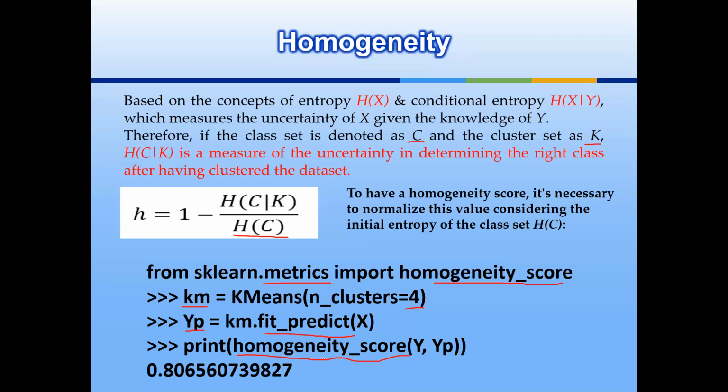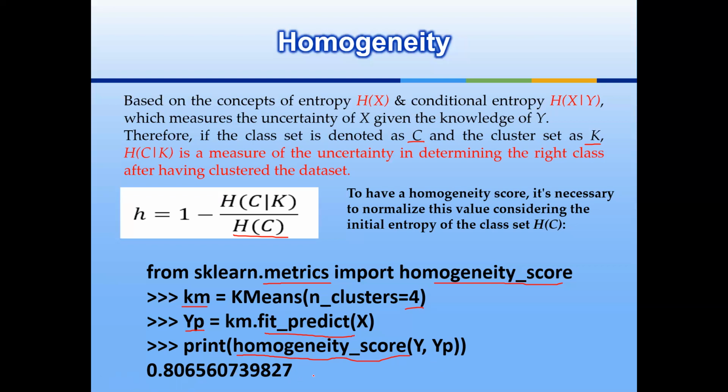The homogeneity score function compares the actual Y and the predicted cluster label for the given record set and calculates the score. For this example, the accuracy of the cluster is 0.81, that is 81%.